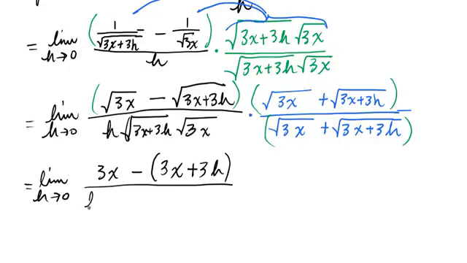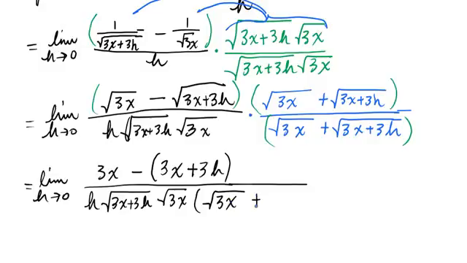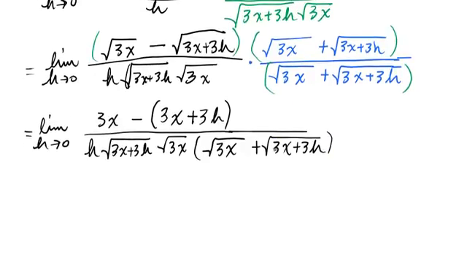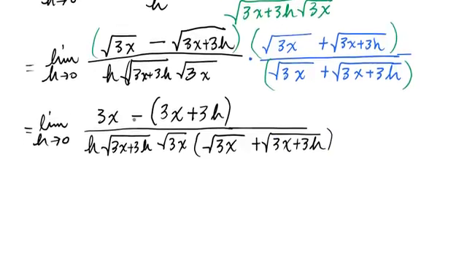All over h times the square root of 3x plus 3h times the square root of 3x times all of that, which we'll leave in parentheses. We do not want to FOIL or expand the denominator because that would make it harder to cancel common factors here in a moment. Okay, then when we distribute that negative right here in the numerator, the 3x's cancel, and so we are then left with negative 3h in the numerator.